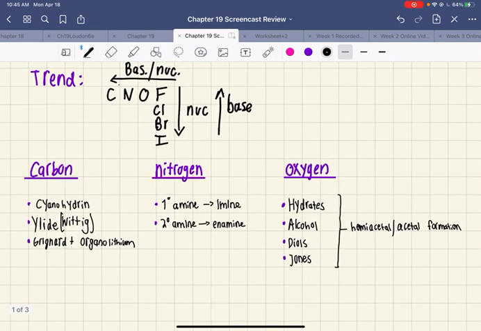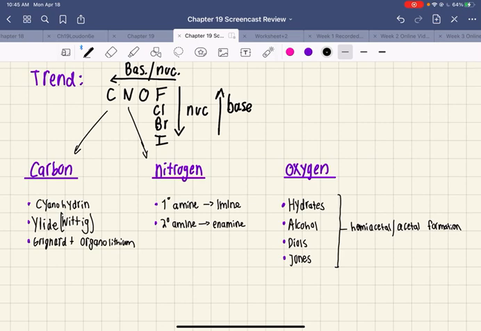Here are the nucleophiles we learned. They're grouped into carbon, nitrogen, and oxygen, with carbon being the strongest and nitrogen being the medium. In the carbon group, we have cyanohydrin, ylide, and the Wittig reaction. And then we have Grignard and organolithium nucleophiles.